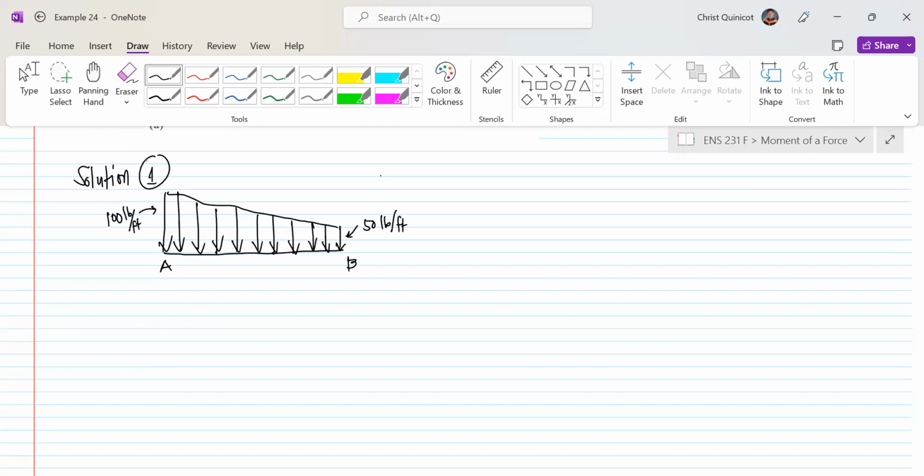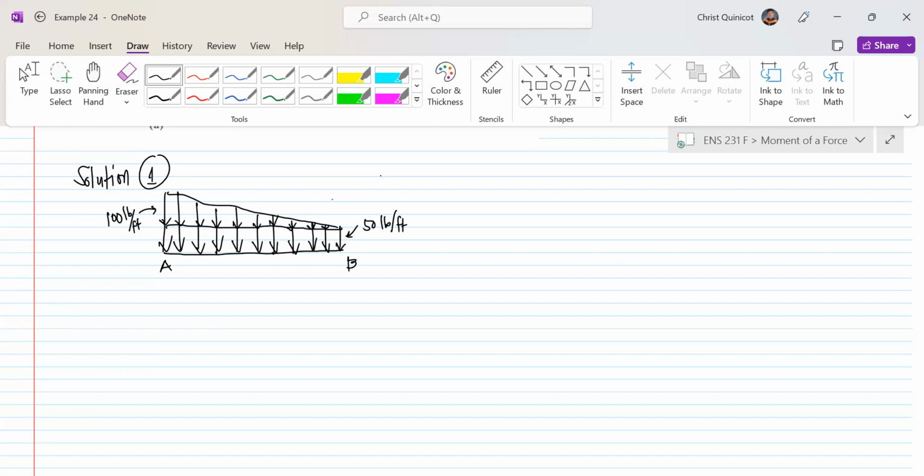Anyway, we will break this loading into two: one rectangular loading and one triangular loading. So we'll have this one, and you have two.